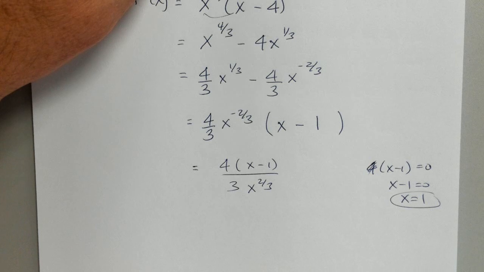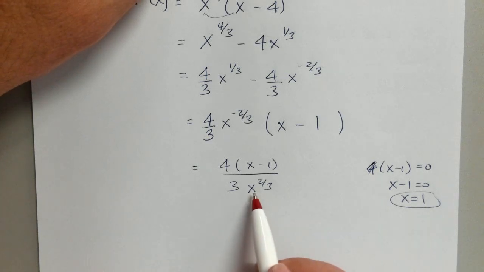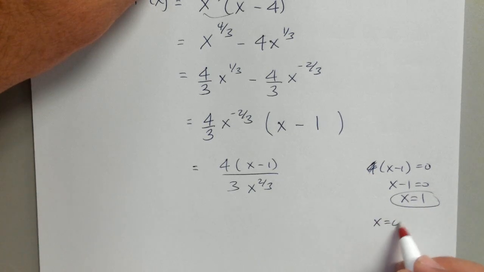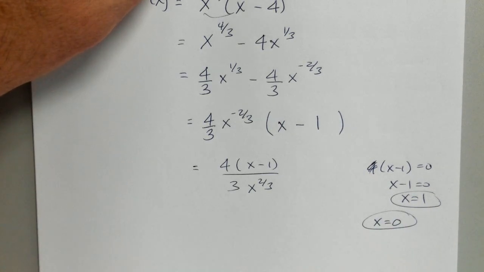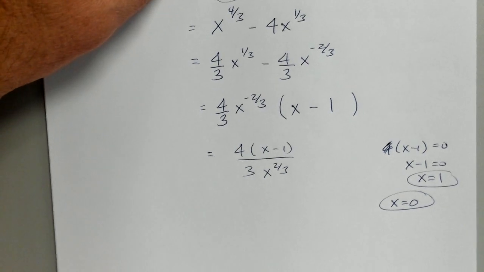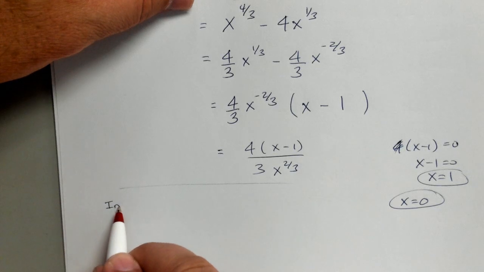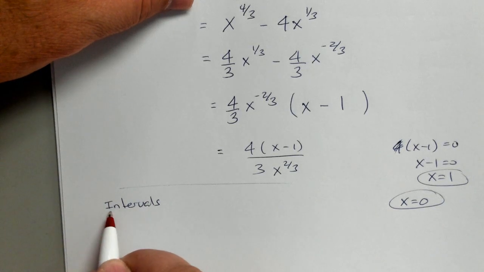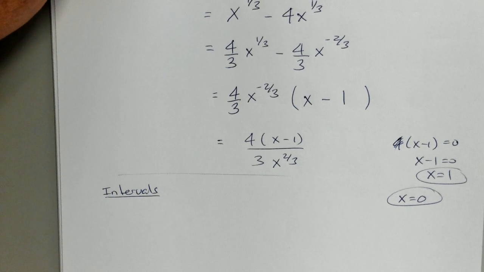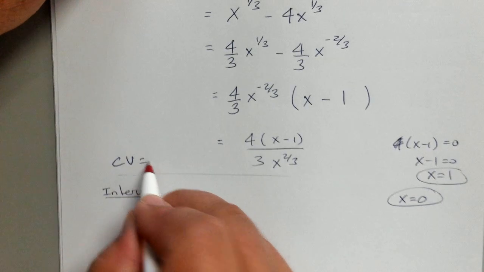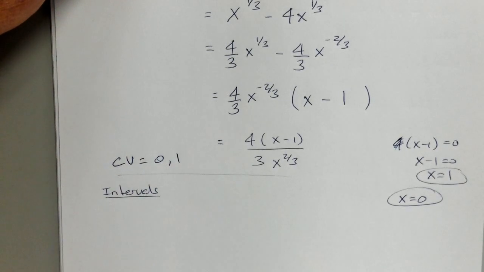Another critical value is what makes the function undefined. Undefined is when 0 is on the bottom. So x equals 0 is our second critical value. Critical values are at 0 and 1.